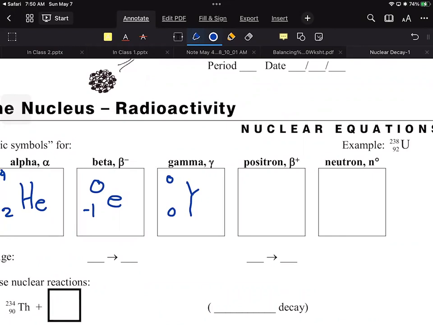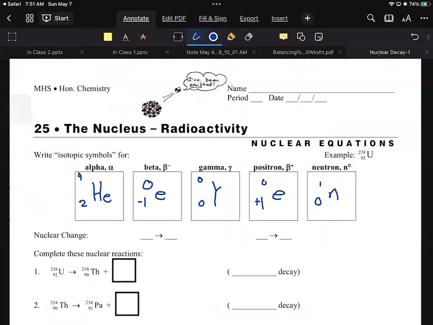Positron decay is the same thing as electron, but this time it's electron capture. A neutron has mass number 1, atomic number 0.